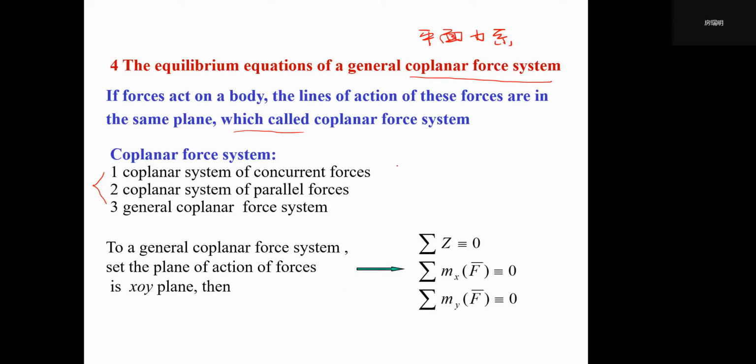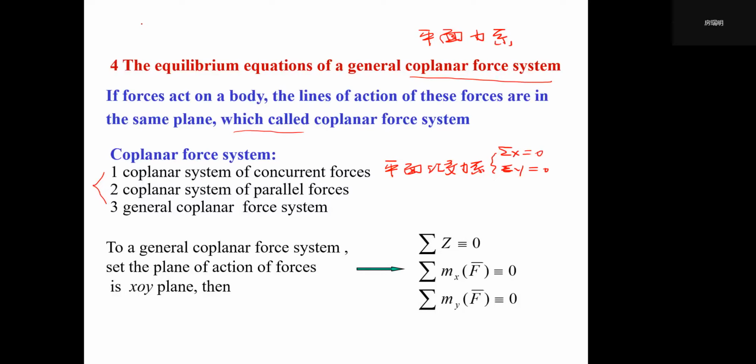We call that 平面汇交力系. Then its equilibrium conditions will only be sigma x equals 0 and sigma y equals 0.